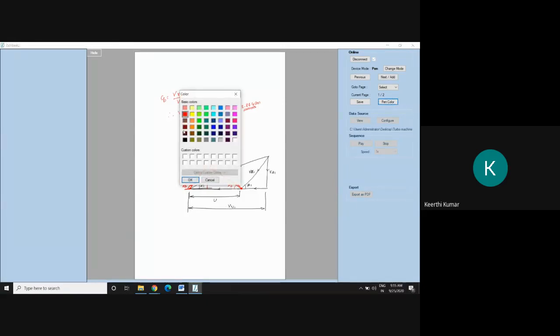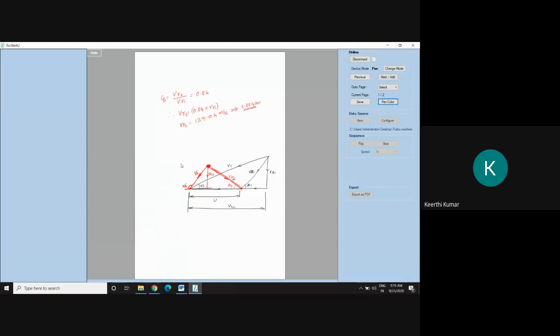I will draw one more velocity triangle, which shows the standard one. So this is U. This is V1, VR1, VA1, alpha 1, beta 1, and this is U. This is the triangle we drew in the last problem, which I'll show you.